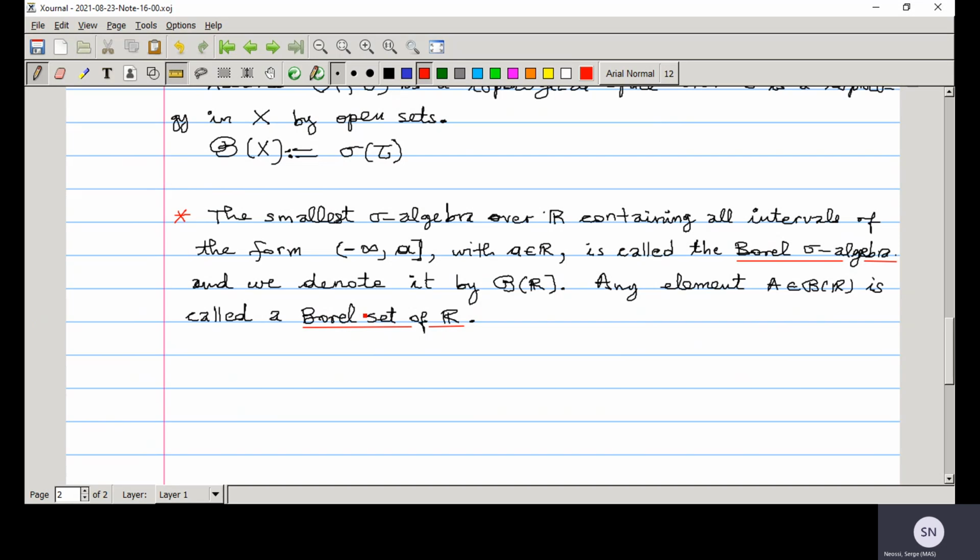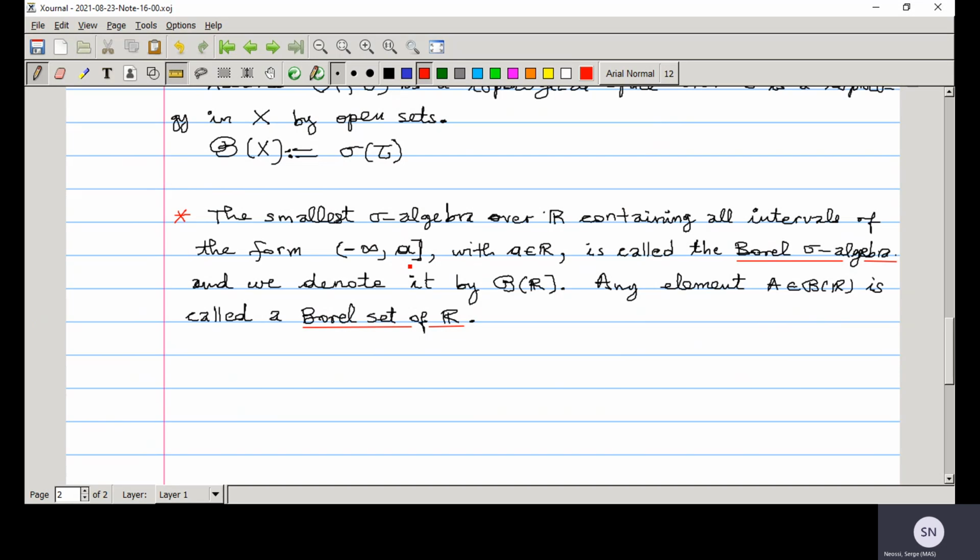Even though BR is generated by open sets of R, remember open sets are open intervals, but even elements that are not open intervals are also in BR. Don't forget it.